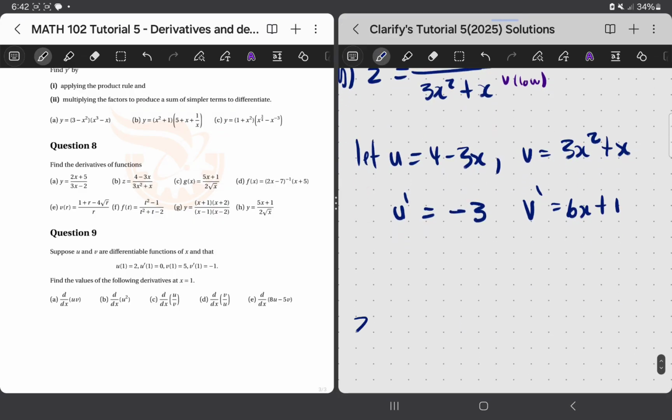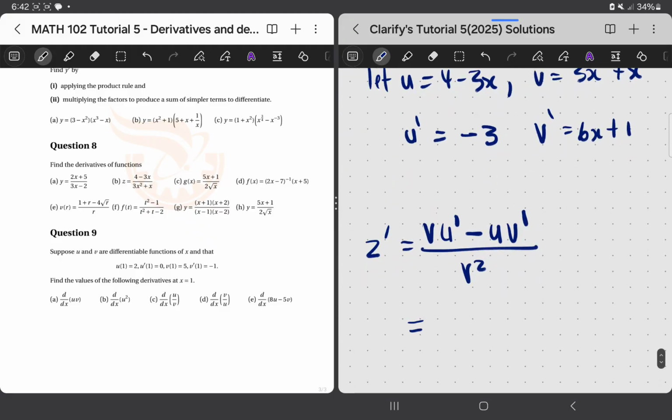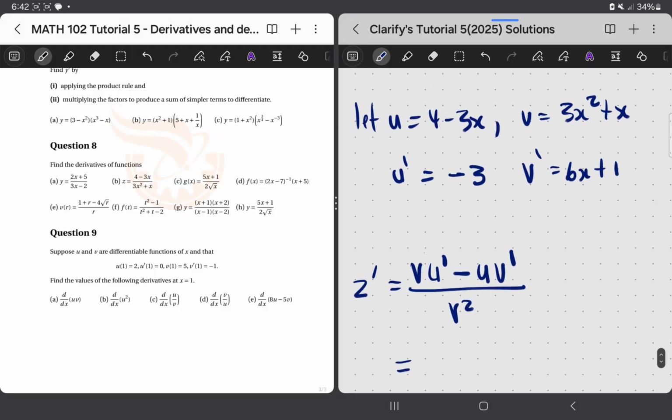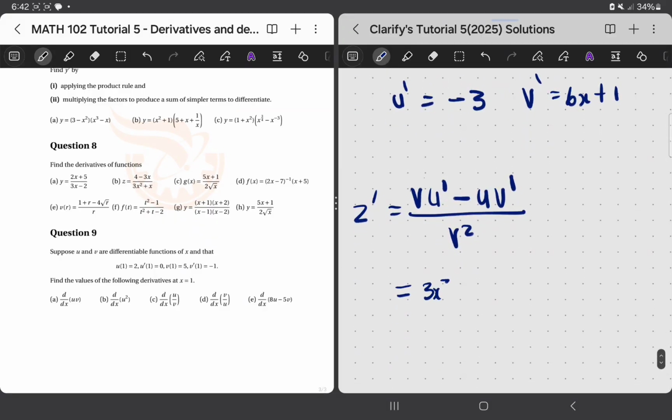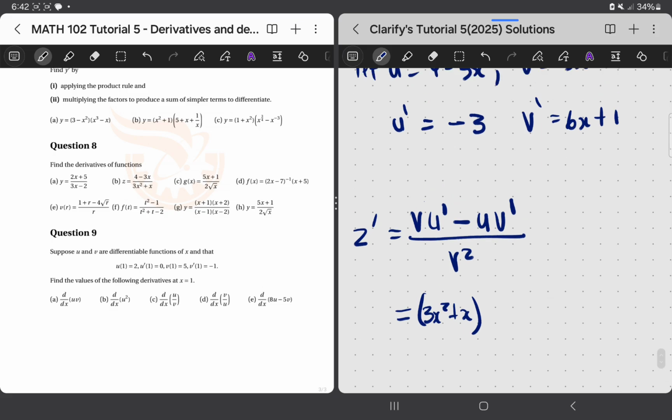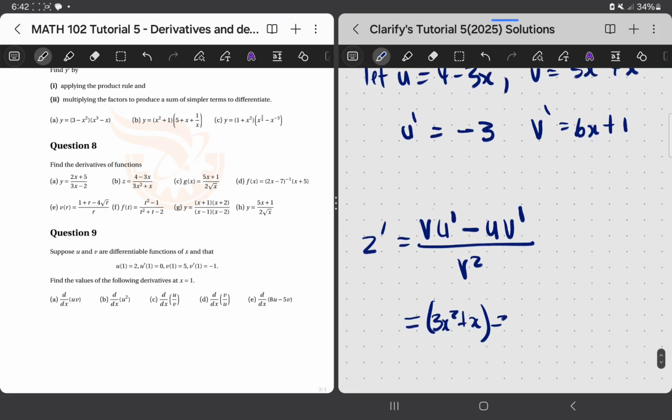So now we can say that Z prime is going to be low, which is V, D high, which is the derivative of the top, that's U prime, minus high, U, D low, V prime, over square the bottom, V squared. What is your low, the V? It's 3x squared plus x, multiplying D high, the derivative of the top, which is just negative 3.